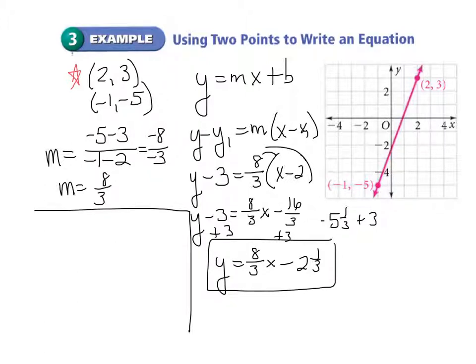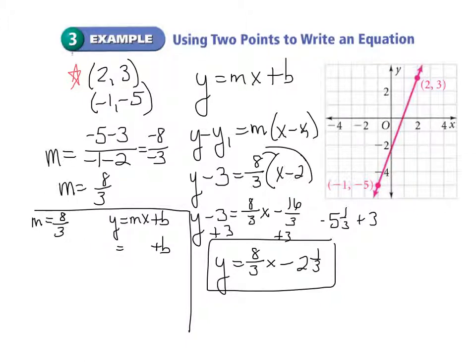Let's say, though, that instead of using point-slope form, you used y equals mx plus b. So let's say, I'm going to do it a completely different way. You still would have found 8/3 as your slope. I now use y equals mx plus b. I want to find b.